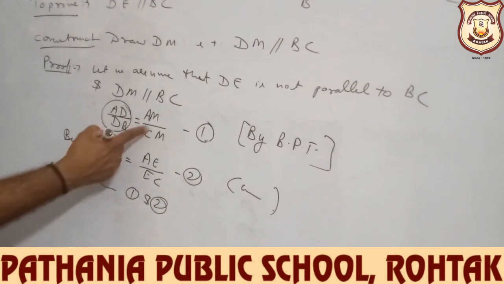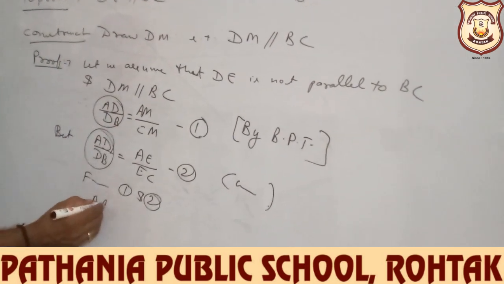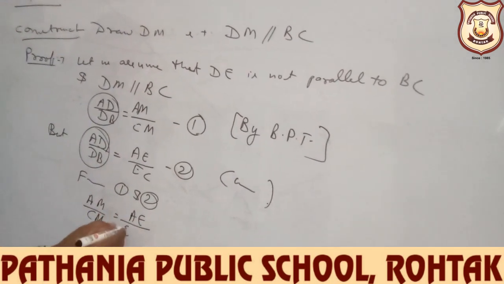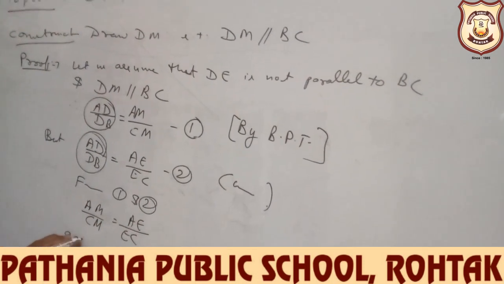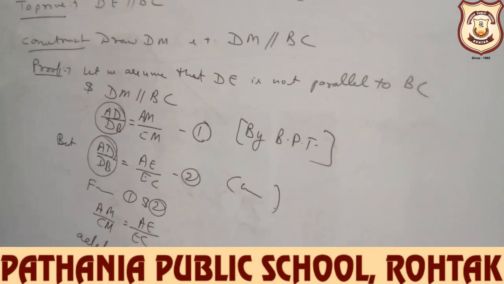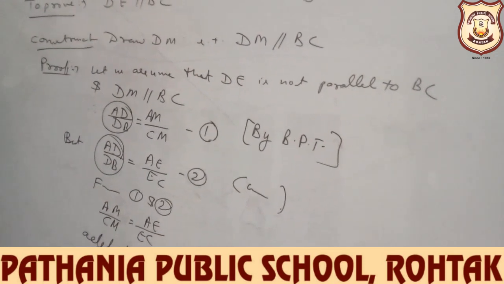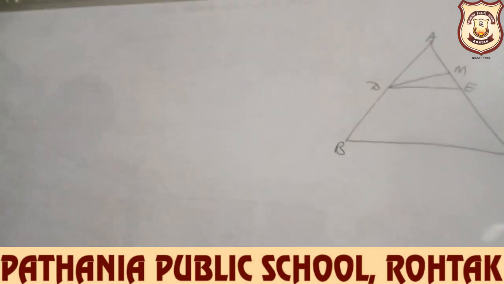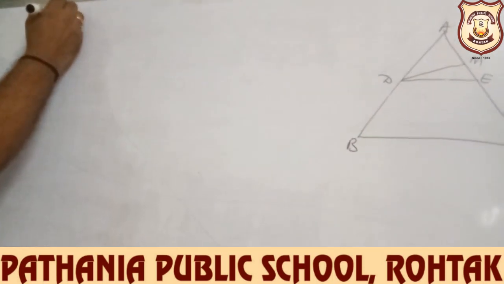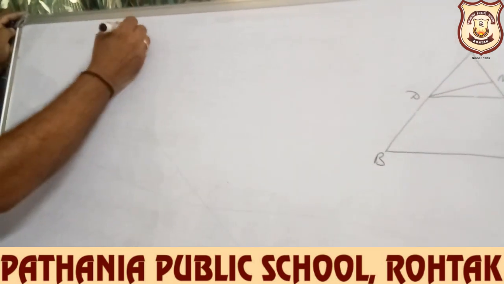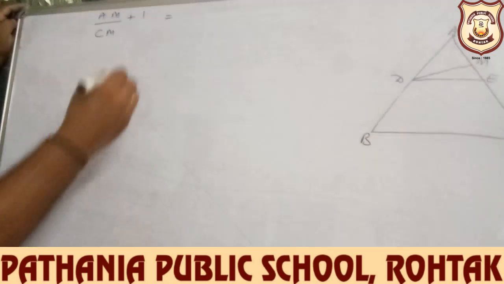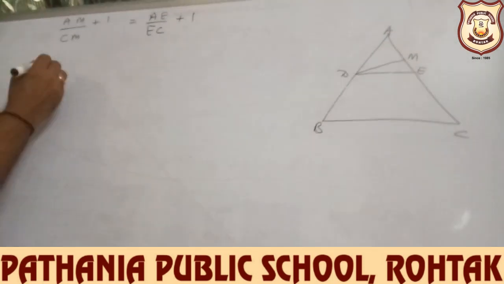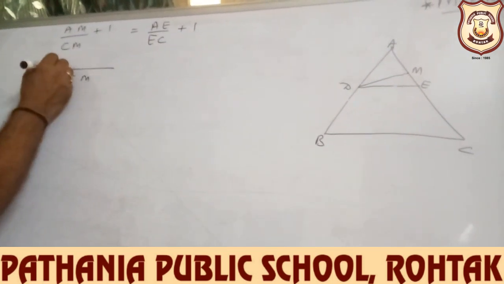From first and second, this LHS is equal, then RHS also becomes equal. AM upon CM equal to AE upon EC. Add 1 on both sides. AM upon CM plus 1 equal to AE upon EC plus 1.